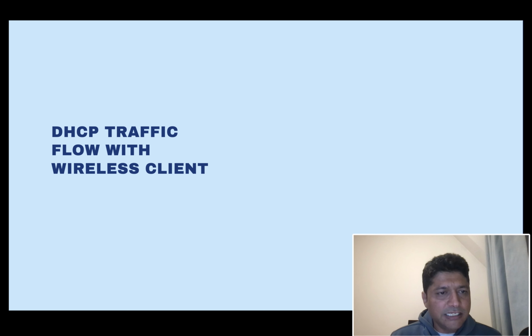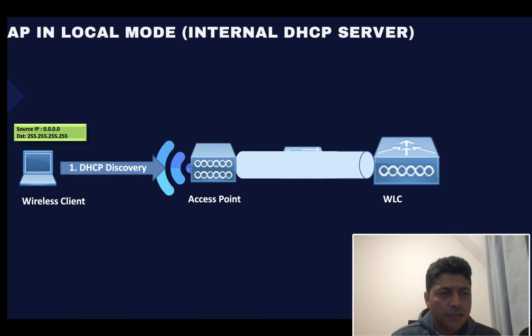Let's understand the DHCP traffic flow with the wireless client, which is again the DORA process. The very first packet is a discovery packet, which will be initiated from the client. The client would send a discovery packet with the source IP address 0.0.0.0 and the destination as a broadcast, which is 255.255.255.255.